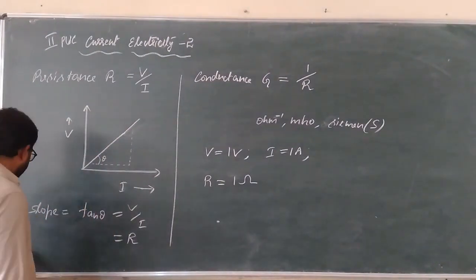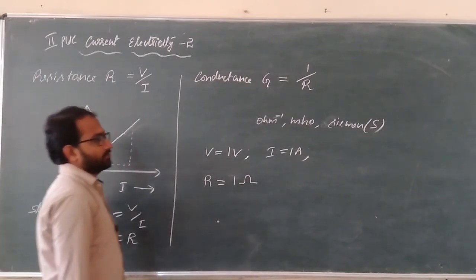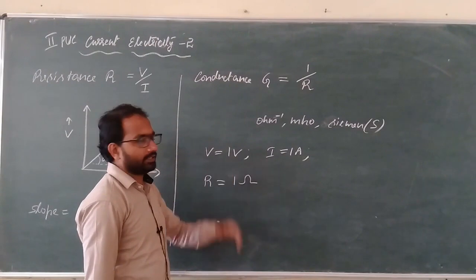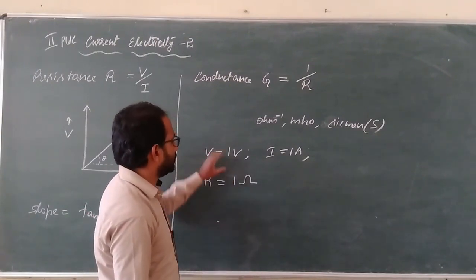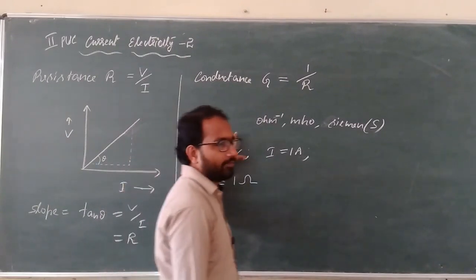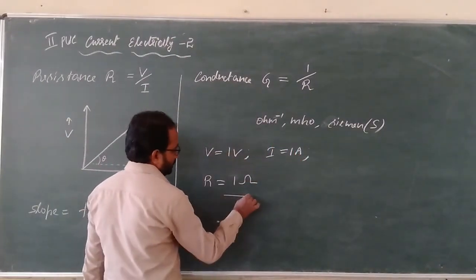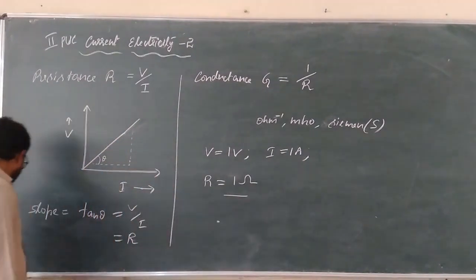So the resistance of the conductor is said to be 1 ohm if 1 ampere current flows through it when a potential difference of 1 volt is applied. Under the application of a potential difference of 1 volt, if 1 ampere of current flows through the conductor, then the resistance of the conductor is said to be 1 ohm.